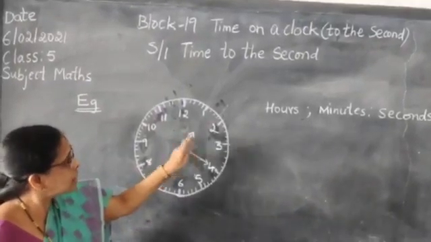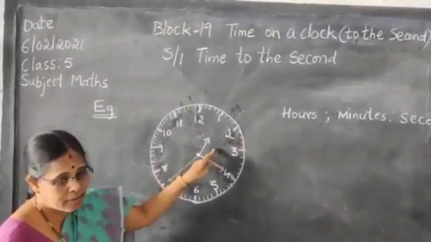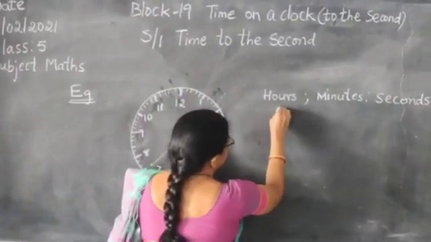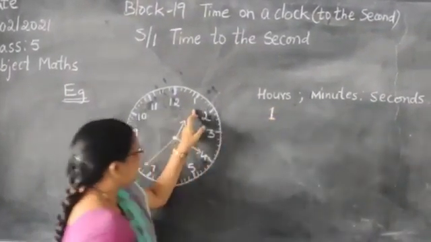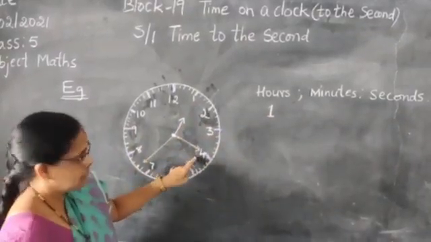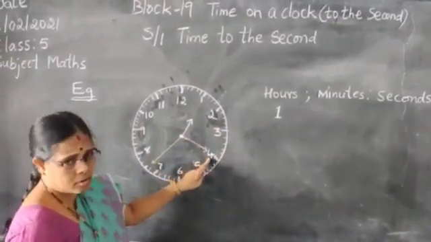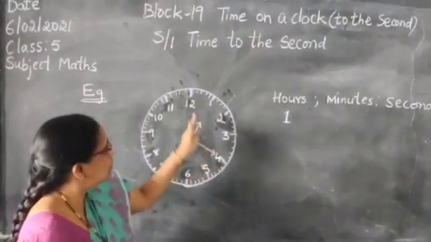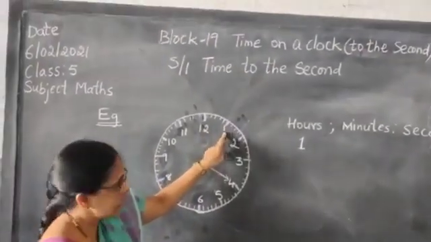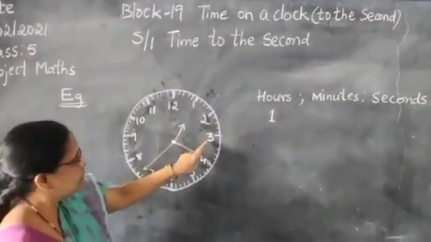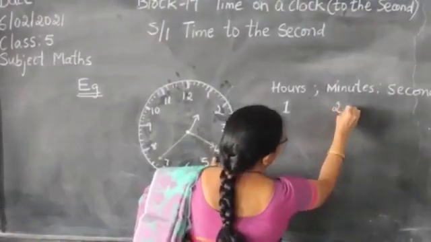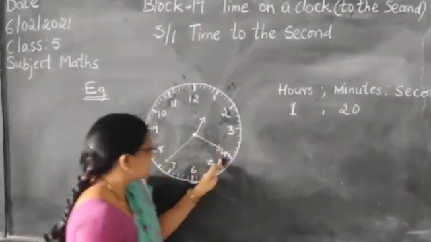So now what is the time here? How will we write the hours? Hour is 1. Minute hand is on 4. So how many minutes, children? How will you count? Here dear, 5 minutes, 10, 15, 20. So it is 20 minutes.